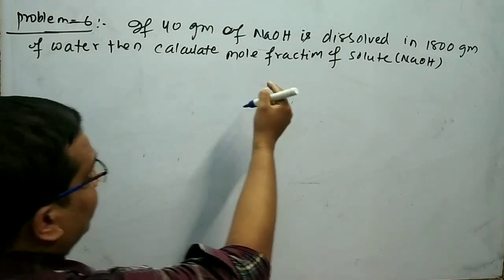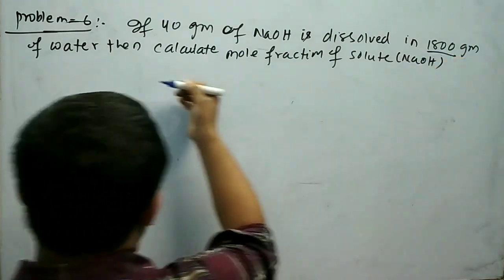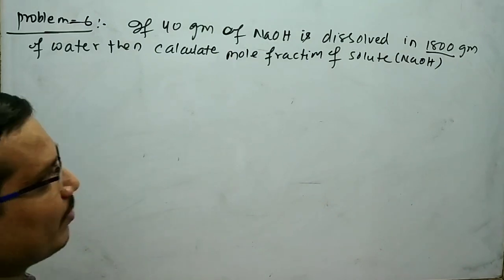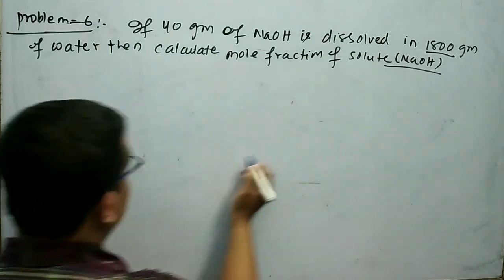If 40 gram of sodium hydroxide is dissolved in 1800 gram of water, then calculate the mole fraction of the solute, that is the mole fraction of NaOH.